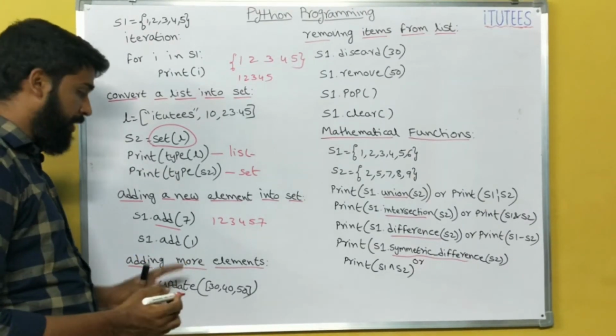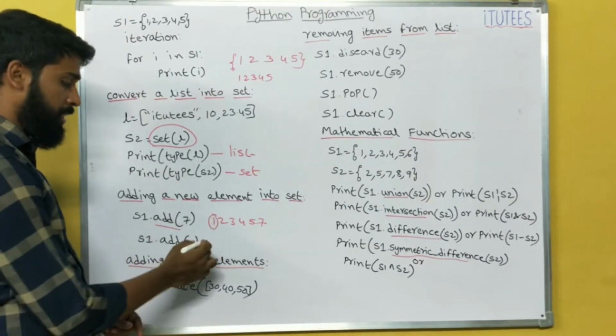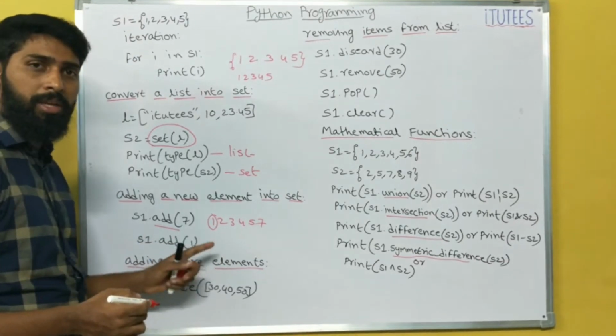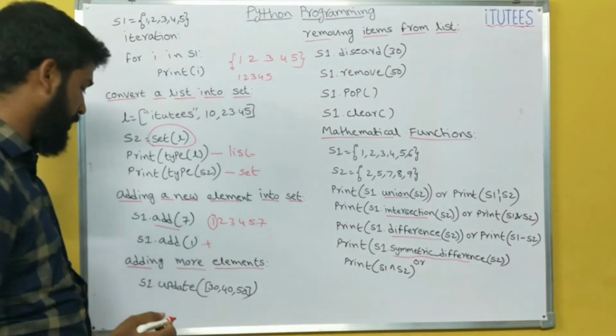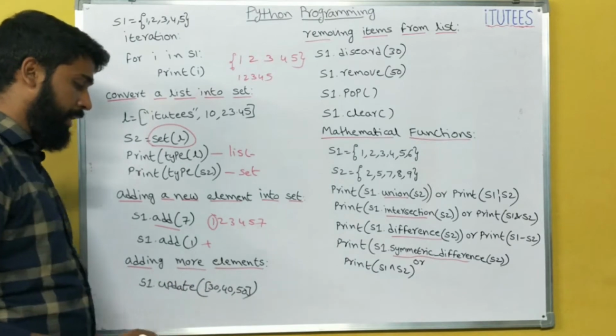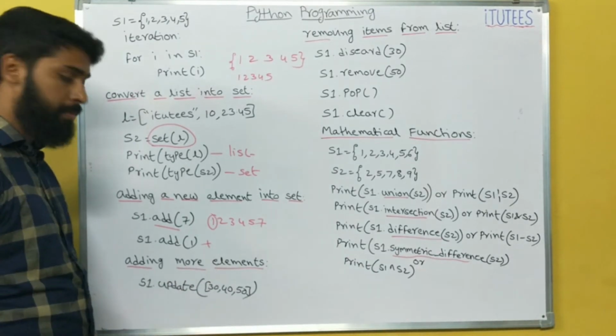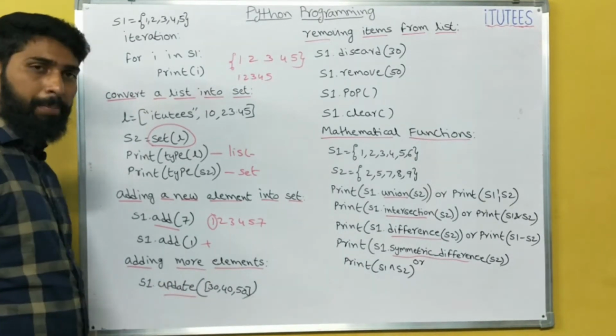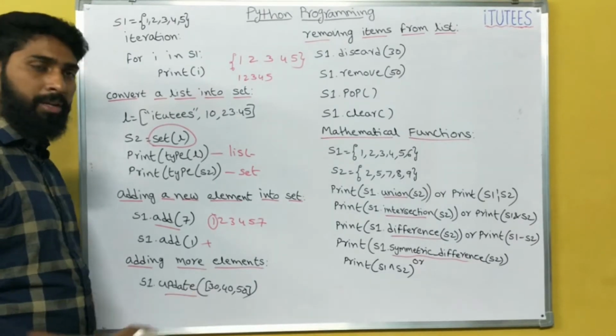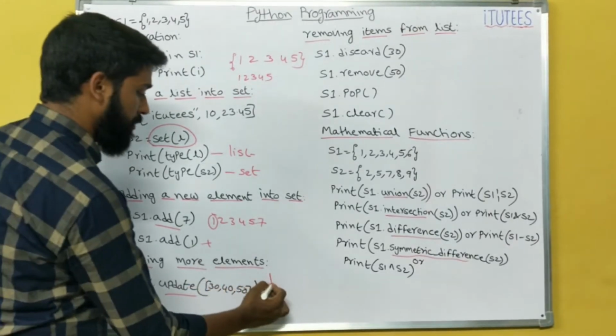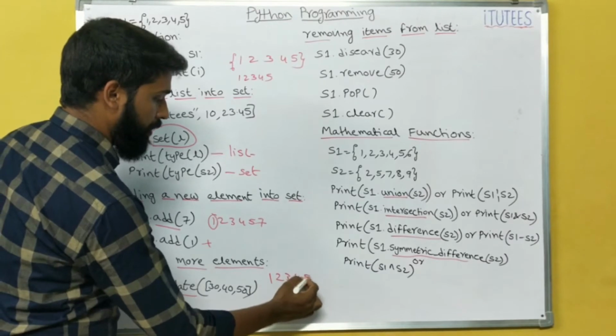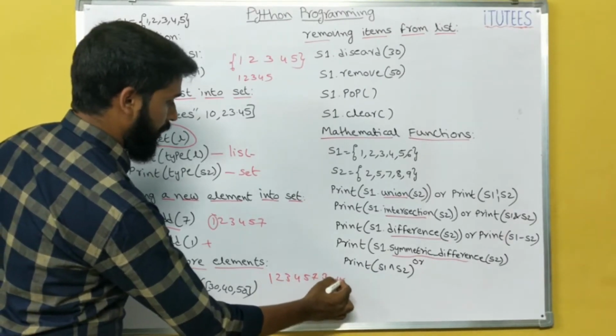S1.add(1): already 1 is in the set, so it does not add it, because a set does not allow duplications. Adding more elements: if I want to add more than one element at a time, I can use update. S1.update(30, 40, 50). That means 1, 2, 3, 4, 5, 7, 30, 40, 50.